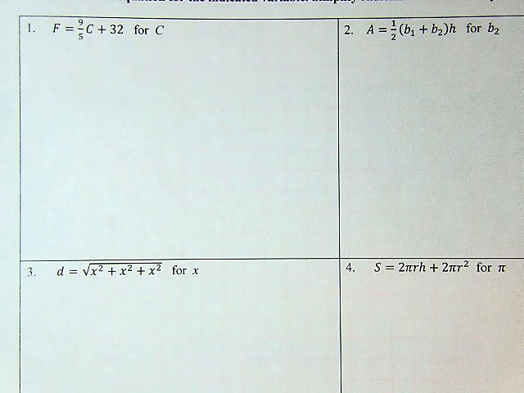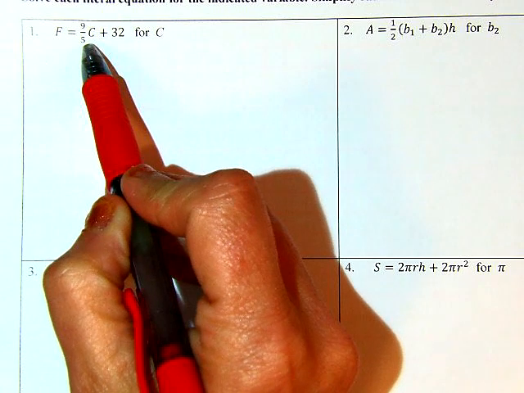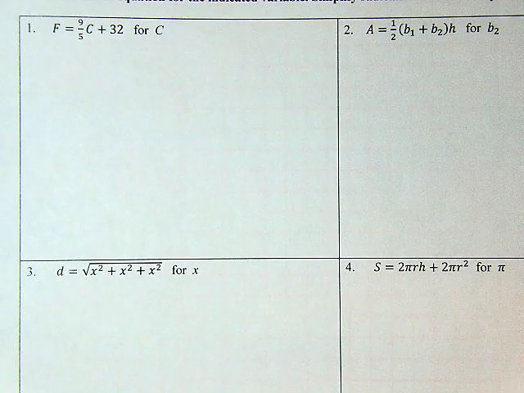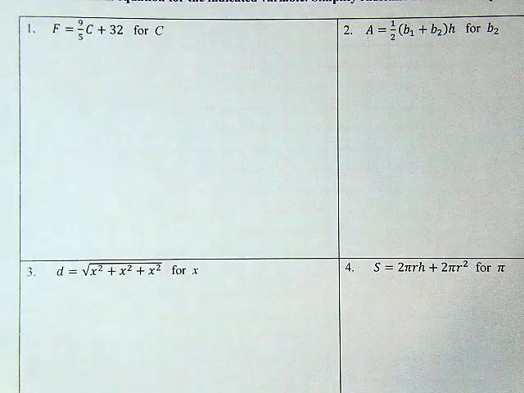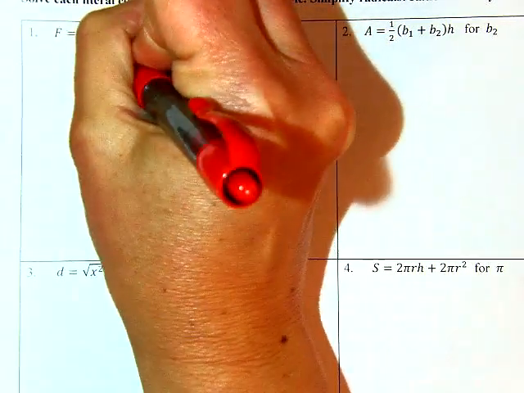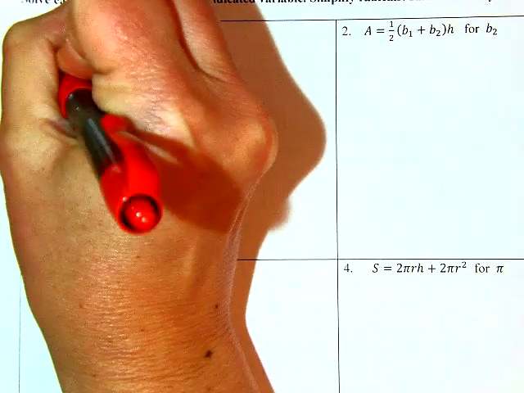So I want to isolate the C right here. The first thing to do to get this term by itself is to subtract away the 32. So we're going to subtract 32 from both sides.